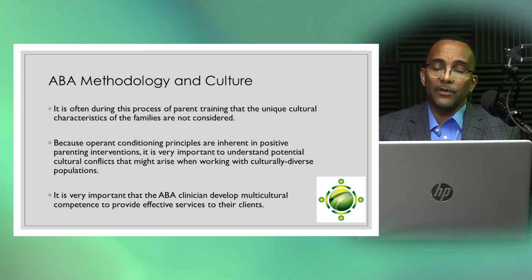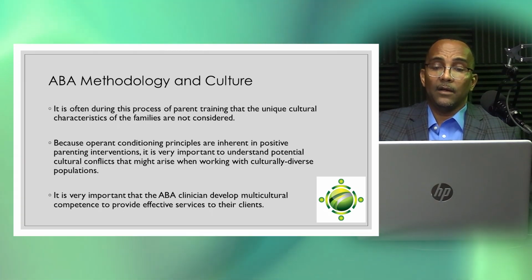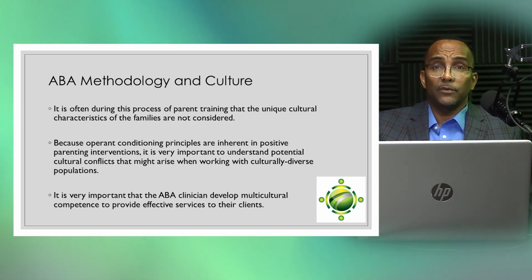So it's just very important for us to understand the cultural fabric within which we work, in terms of working with ethnically diverse and racially diverse populations, so that we can effectively apply our principles in what we're trying to do in ABA service provision.